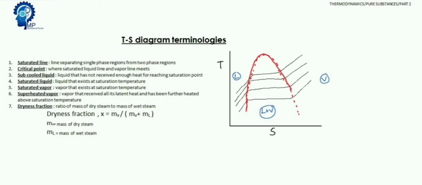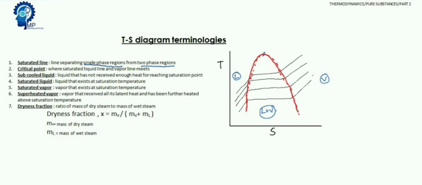Joining these points, what I get is the saturated line. The saturated line is the line that separates single phase regions from two phase regions. So we have two saturated lines here: one separating liquid and the liquid plus vapor mixture, and another separating vapor and the liquid plus vapor mixture.